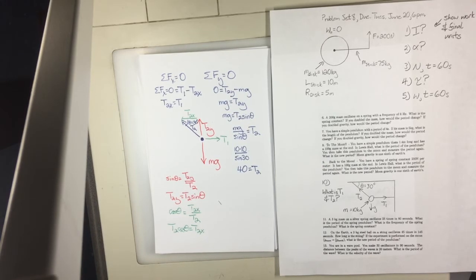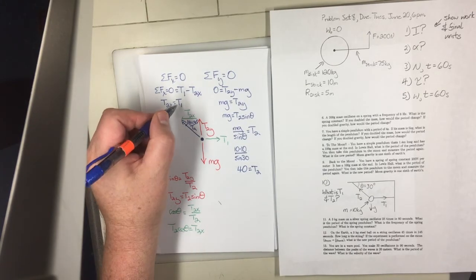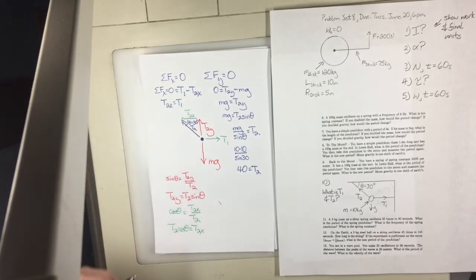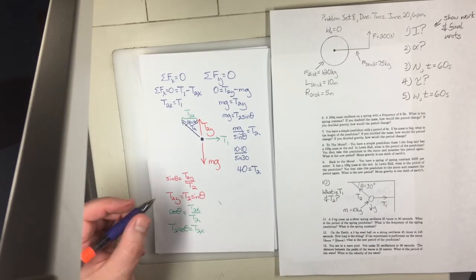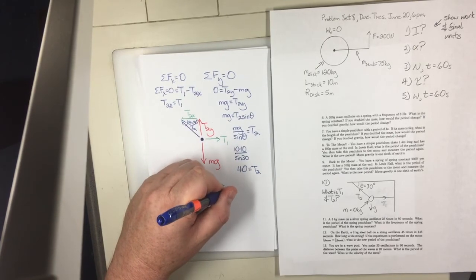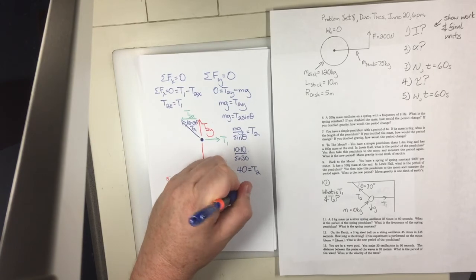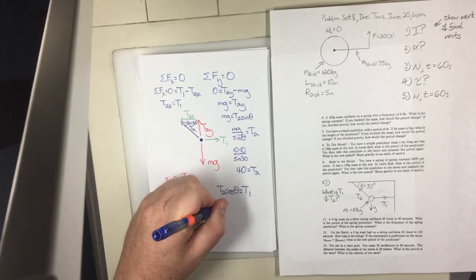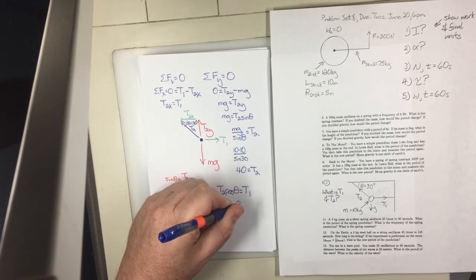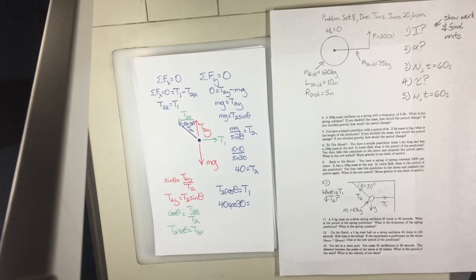Well, now that I have T2, T2x I can solve for. But I don't need it. Well, I do need it to get to T1. Now, T2x, T2 cosine theta is equal to T1. So this makes it 40. Hold on. Cosine 30 is equal to T1. Yes? T2 should be 200 because it's 100 divided by 0.5.